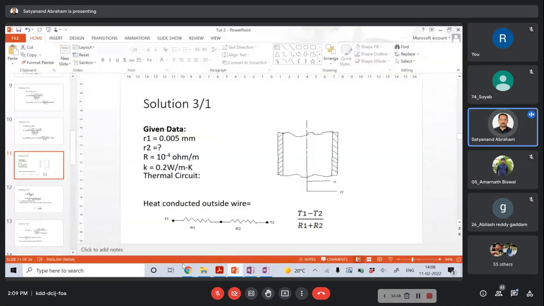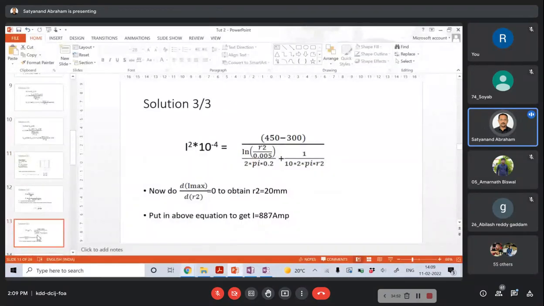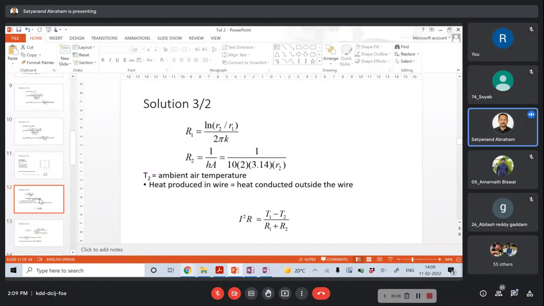Okay. So therefore we can write it as an electrical resistance circuit. T1 minus T2. So what are the resistances? Conduction resistance of the insulation and the convective resistance. And what is the heat flux? Heat flux is going to be I square R per unit length.